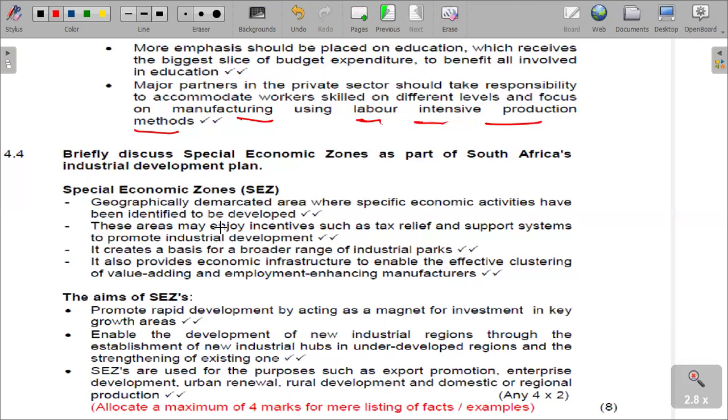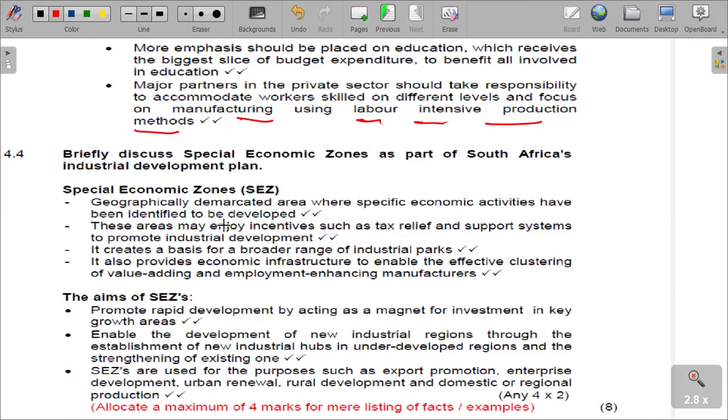Briefly discuss special economic zones as part of South Africa's industrial development plan. We have got various industrial development plans there, and then we have got the special economic zones that is given here. Discuss them as part of South Africa's industrial development plan. A geographically demarcated area where specific economic activities have been identified to be developed.